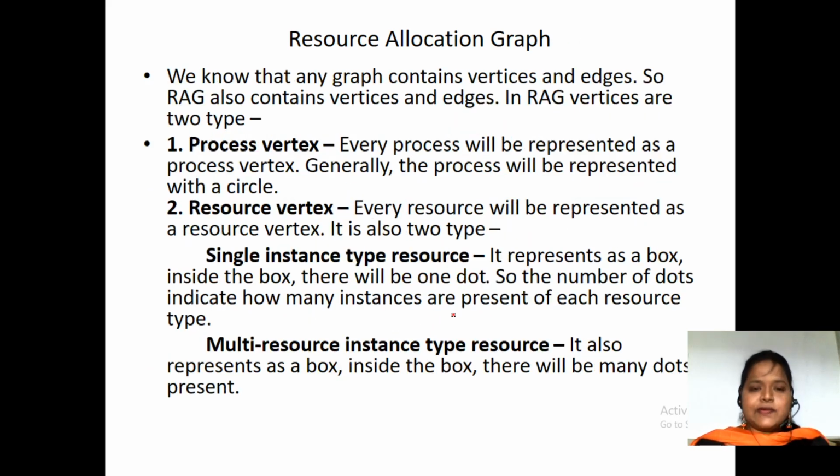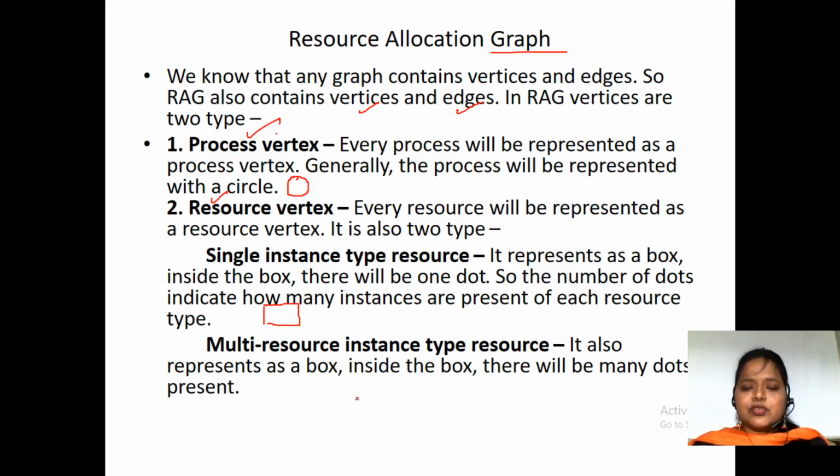So, as we all know, a resource allocation graph contains vertices and edges. Vertices are of two kinds: process vertices and resource vertices. Every process is represented as a process vertex with a circle. Resource vertices are represented with a square.